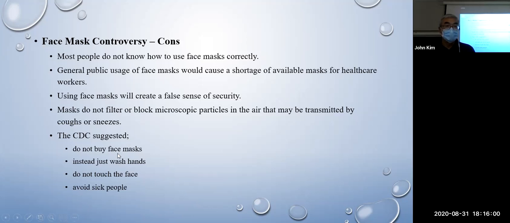And then CDC suggested do not buy face masks. Instead, wash your hands, don't touch face, don't touch mouth, and avoid the sick people. CDC suggests those things are better than wearing a mask.